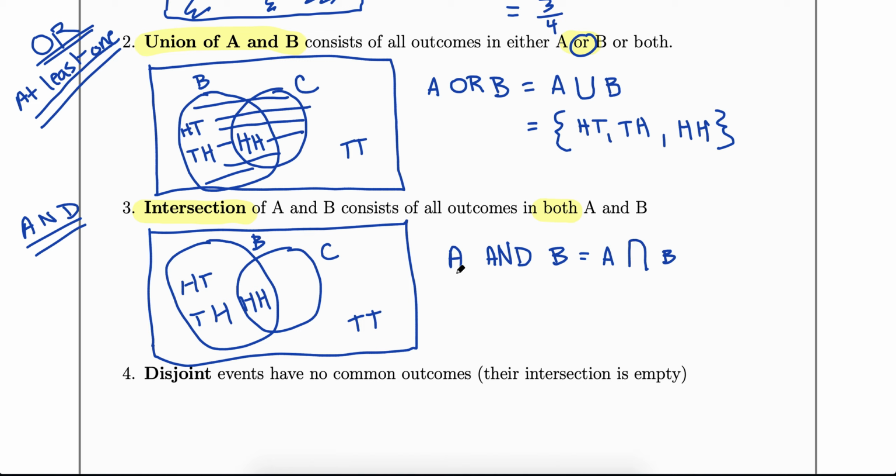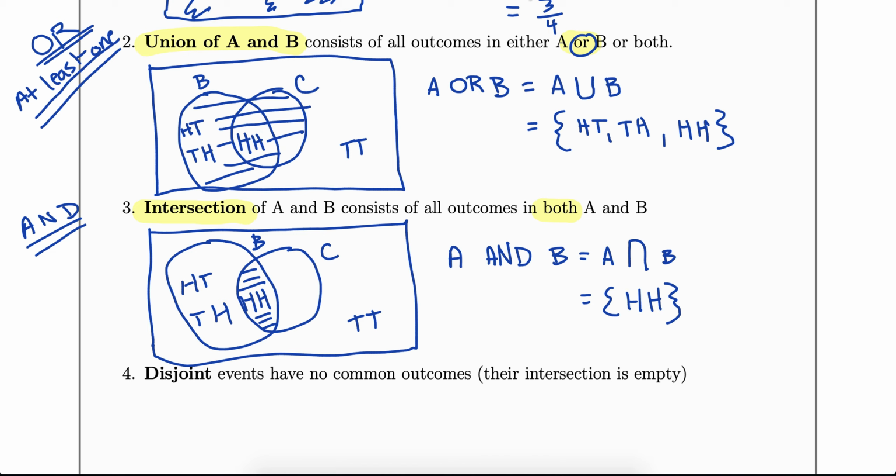So A and B, you also read this, A and B. The outcomes that are in both A and B in this example must be in both. The overlap is just this middle part, the heads, heads. So intersection is just like it says, where they intersect, that overlap. Union is one or the other or that overlap.